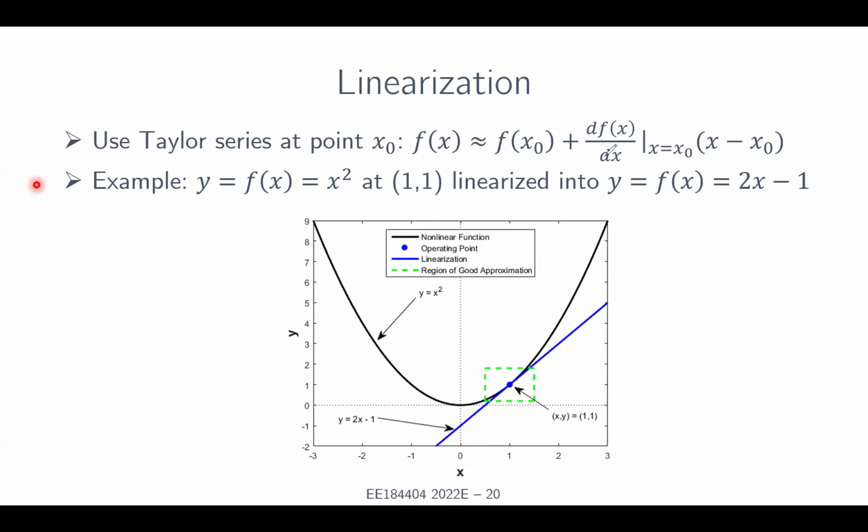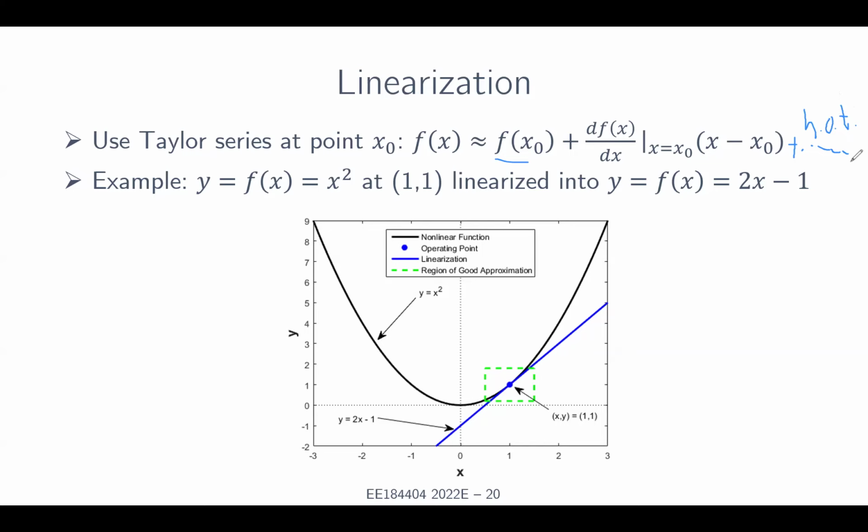Actually, there is another term called the higher order terms, or HOT, which we often omit, right? So the Taylor series has one constant, let's say, and then it's added with the derivative times the difference, and then the higher order terms like the second derivative and so on.